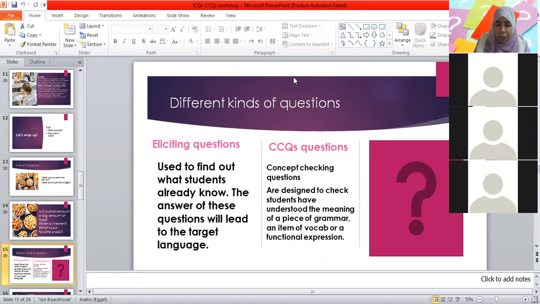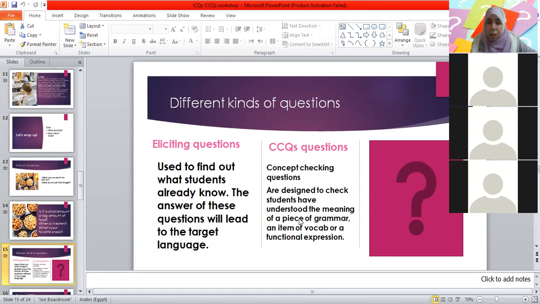So I ask these questions to check students have understood the meaning of a piece of grammar, an item of vocab or a functional expression, whatever I am explaining or want to show my students. Eliciting questions lead to the target language.